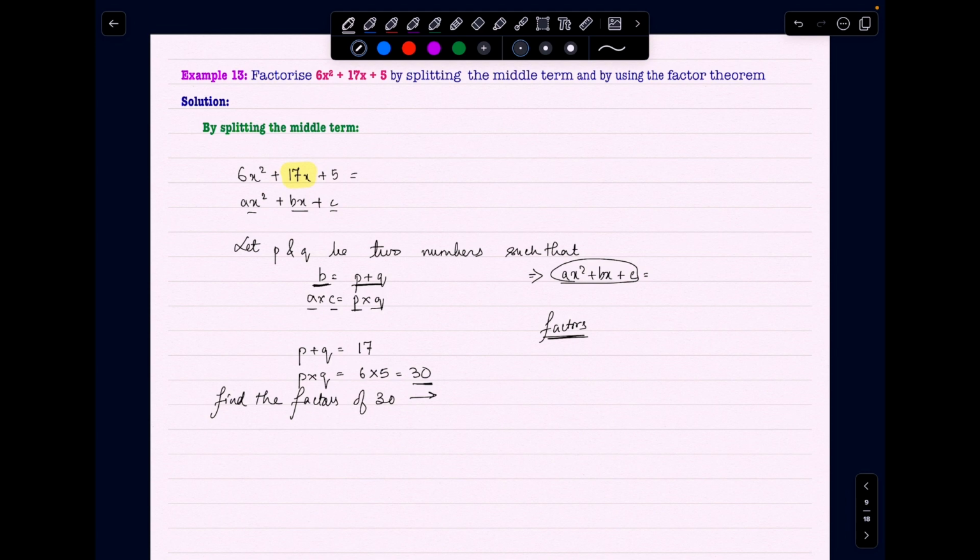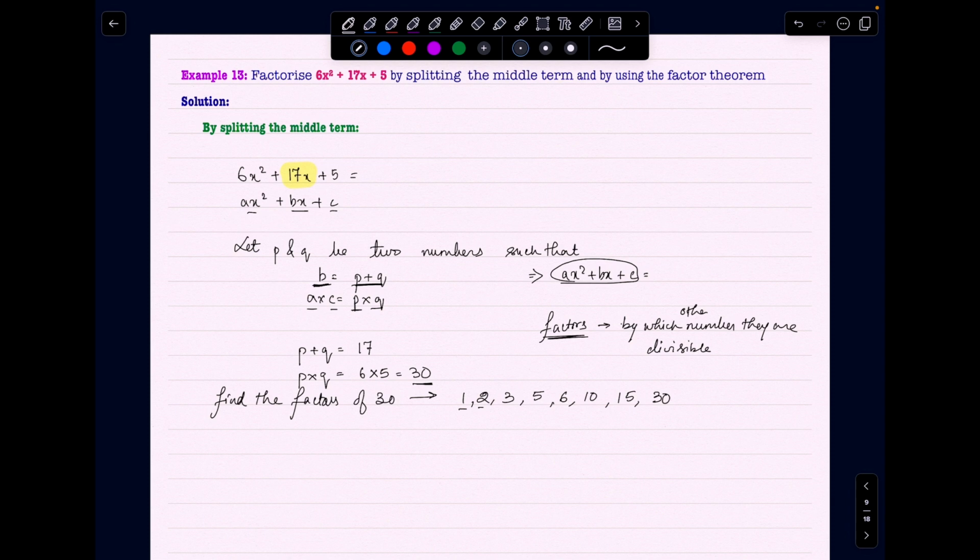A factor of a number is a number by which it is divisible. So factors of 30 are what? 1 is one factor, 2 is another factor, 3 is another factor, 4 is not a factor, 5 is another factor, 6 is another factor, 10 is another factor, 15 is another factor, and the last one is 30. So these are the factors of 30.